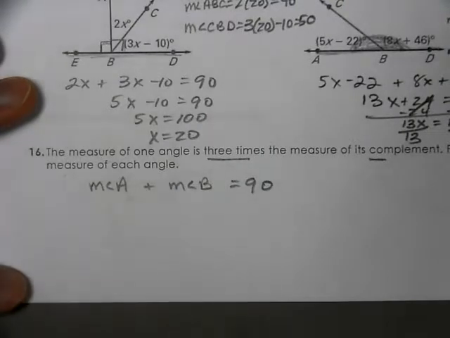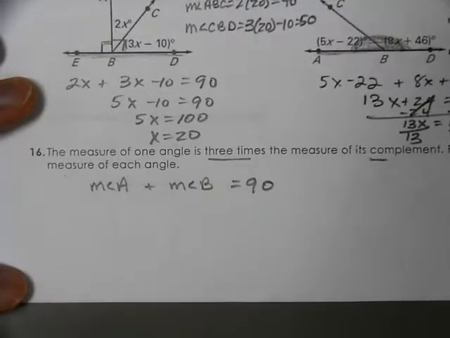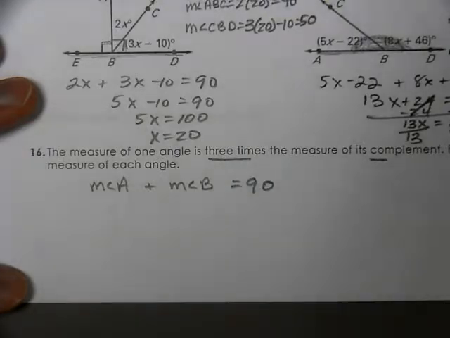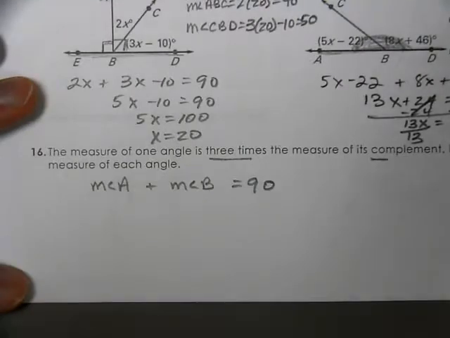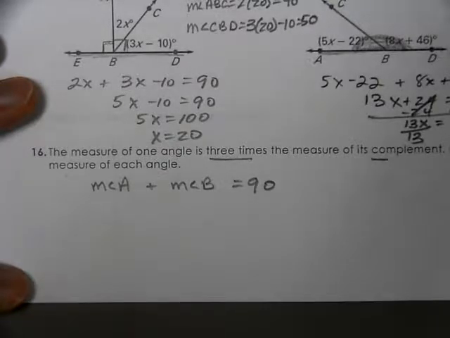One of those angles is 3 times bigger than the other. So either one angle's 1 and the other angle's 3. Does that add up to 90? 2 and 6. 6 is 3 times bigger than 2. Does that add up to 90? 5 and 15. 20 and 60.